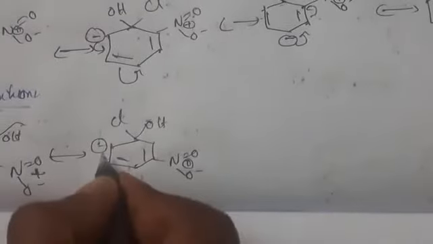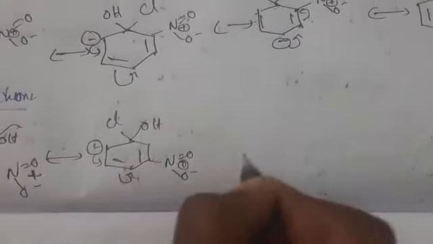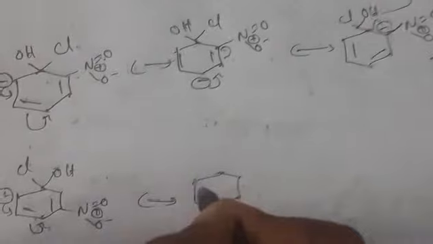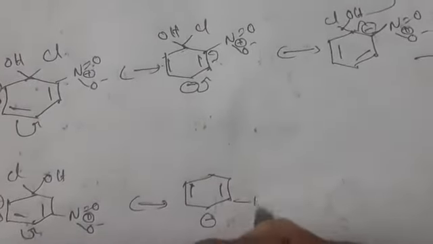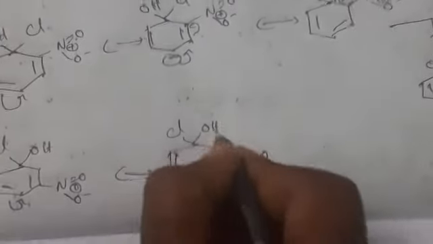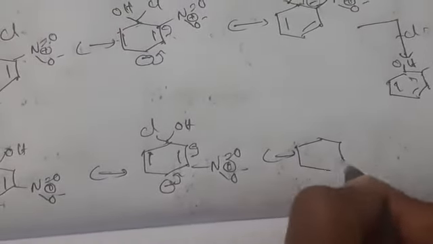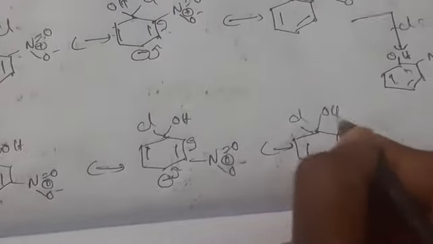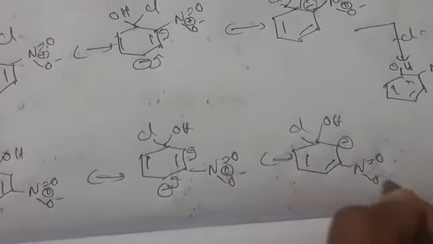Okay, so now here this bond will come inside, this one will go up. So you are getting the same reaction. So here this is the reaction, minus, N double bond O minus plus, Cl OH. Again if you turn the bond, here you are going to get minus charge, Cl OH, N double bond O minus plus.